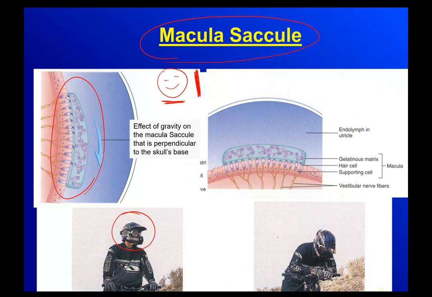However, when you bend your head down, now this part of your skull is more flat, right? Because you're looking down. So that gelatinous mass stops being pulled on by gravity and no signal is going. If you combine the two, you get twice the amount of information about where your head is positioned relative to gravity.